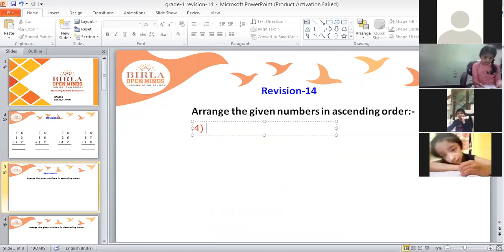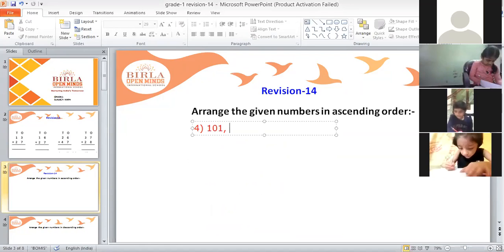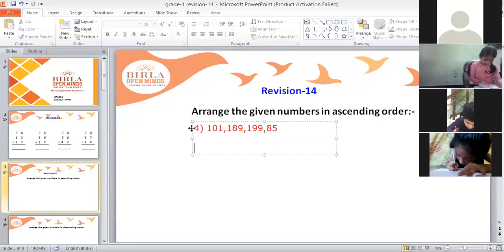Write your fourth bit. Numbers are 101, 189, 199, 85.